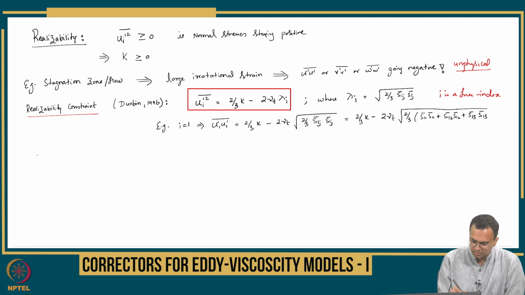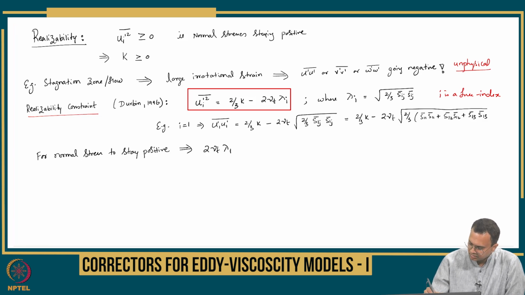So for normal stress to stay positive, this 2 nu t lambda I should be less than or equal to 2/3 k.